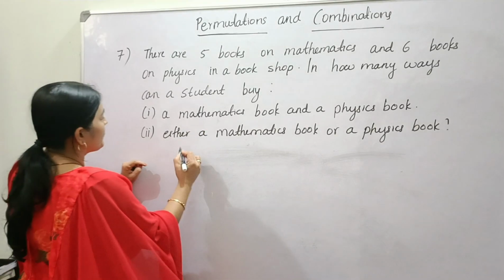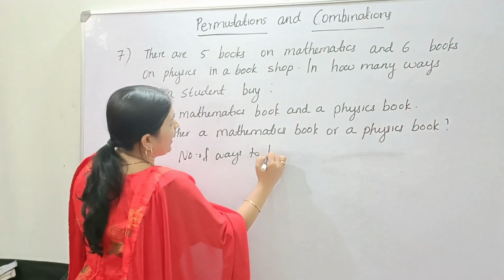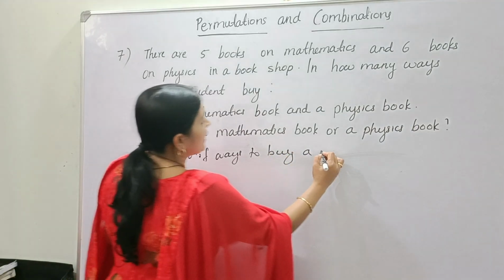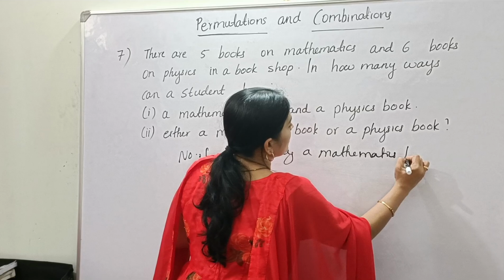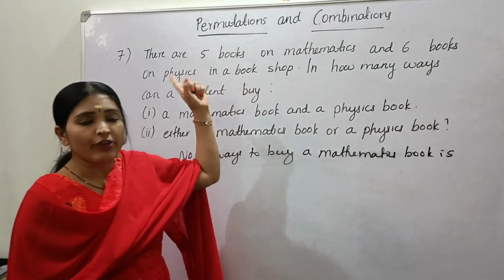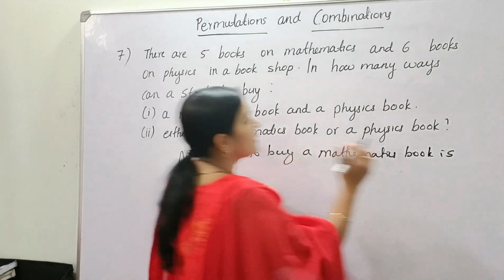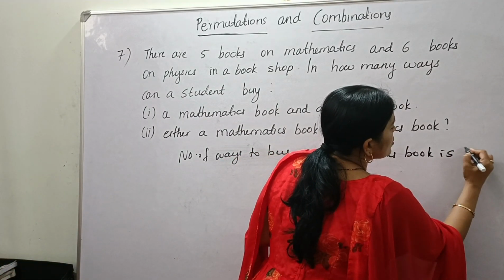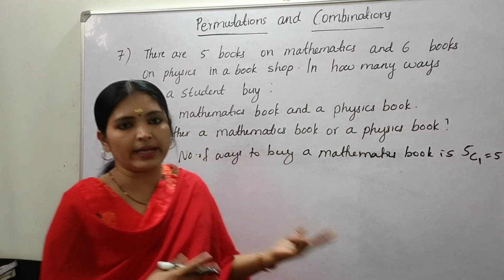Okay. That is, the number of ways to buy a mathematics book is, there are total 5 books. Okay, so we are selecting one, that is, we select one book. So 5C1, that is equal to 5, or you can directly write 5.